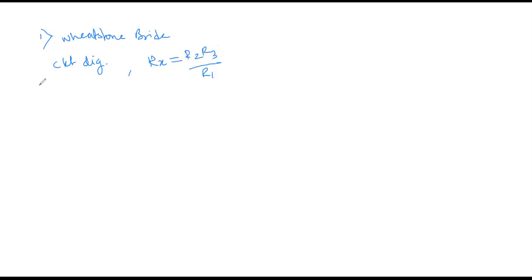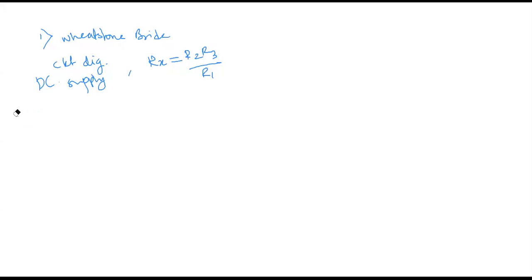To the Wheatstone bridge we always connect a DC supply. Then after the Wheatstone bridge, what have we studied? We have studied Kelvin's bridge. Before that, in Kelvin's bridge, we again studied some important points of the Wheatstone bridge.